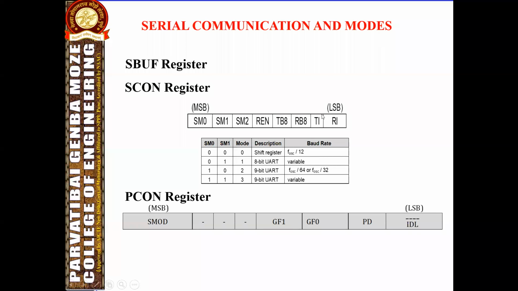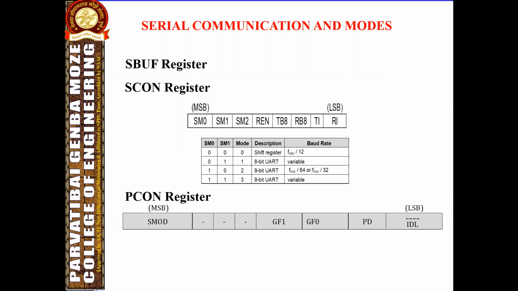Here the figure shows the SCON register. The MSB bits are SM0 and SM1. These two bits are used for specifying the serial port mode in which the register is operating. SM2 enables the multiprocessor communication feature in mode 2 and mode 3.